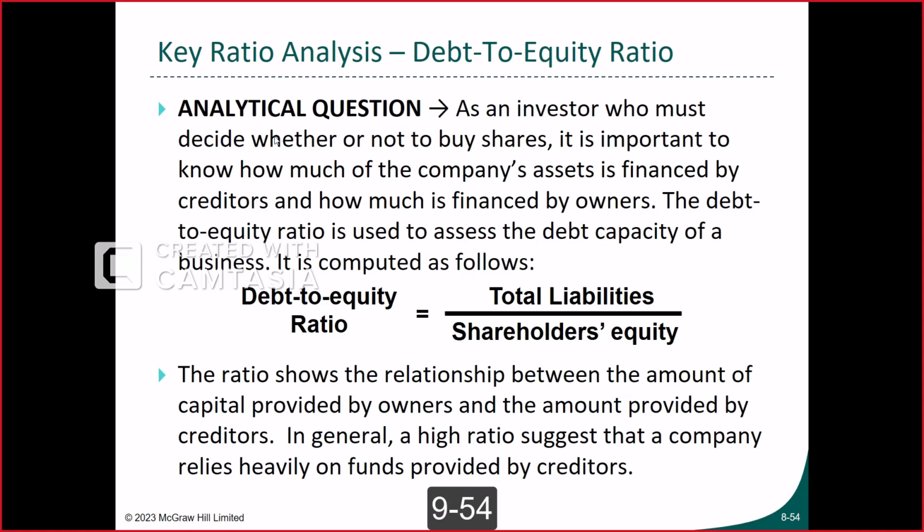Of course, the higher this ratio, the worse it is. It is not good news to have our liability higher than shareholder equity. If you compare two companies, company A and company B, from this perspective, the company that has the lower ratio is in a better position compared to the other company in terms of debt to equity.